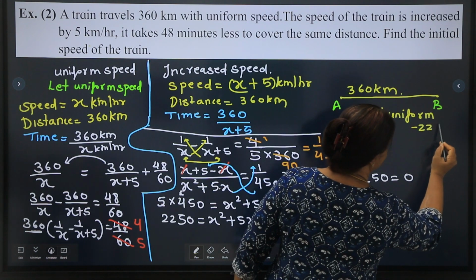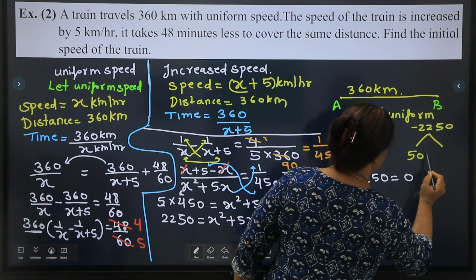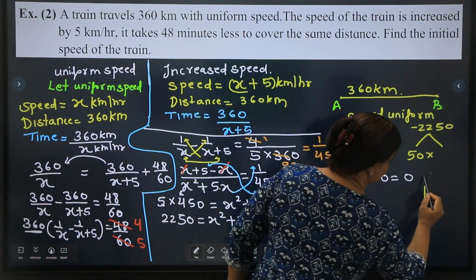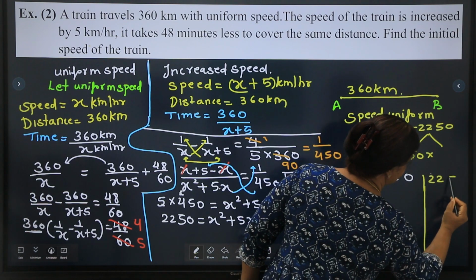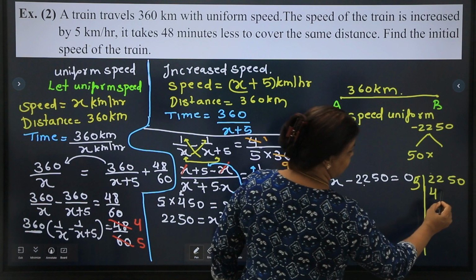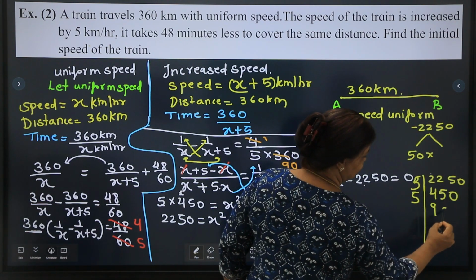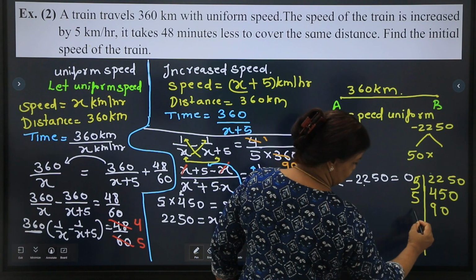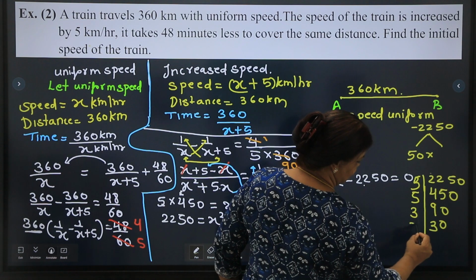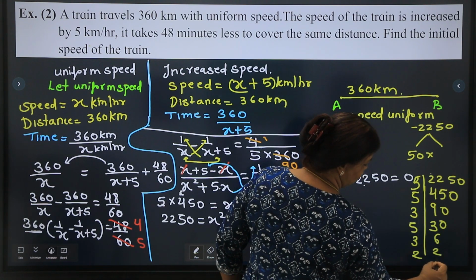Let us factorize it. 2250, 5 4s are 20, 5 5s are 25, then 5 9s are 45, then 3 3s are 9, and then 5 6s are 30, 3 2s are 6, 2 1s are 2.